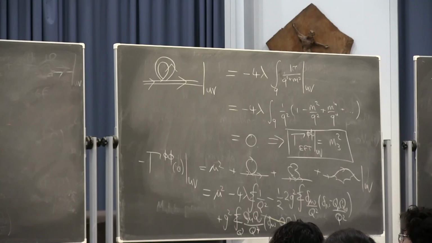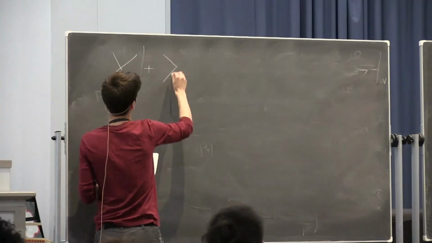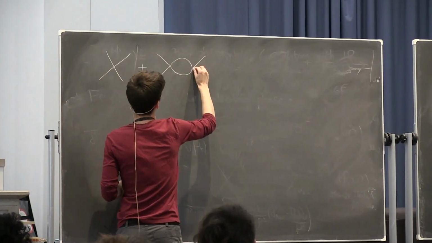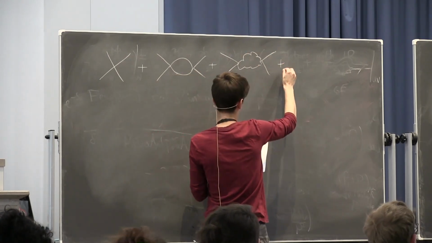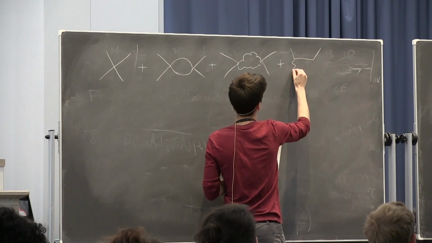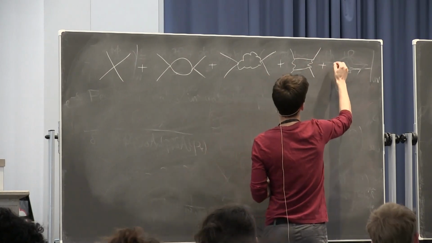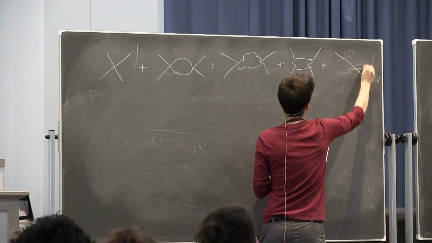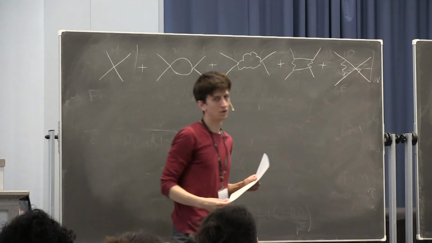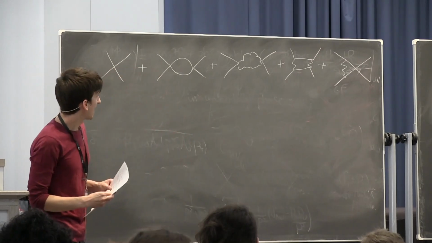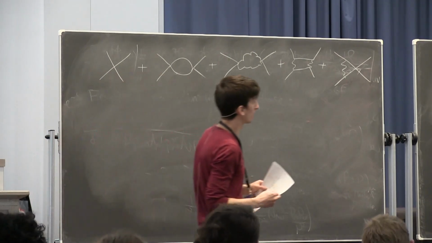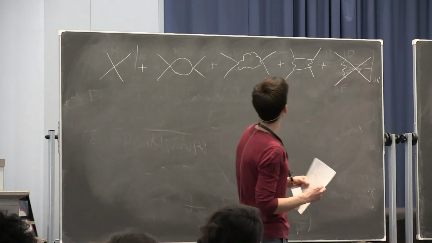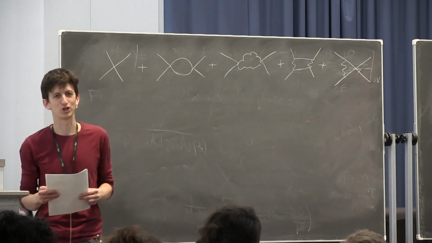If I were to look at corrections to couplings, so this diagram plus this diagram plus this one, I always have more than one propagator. I can never just get one propagator in there.